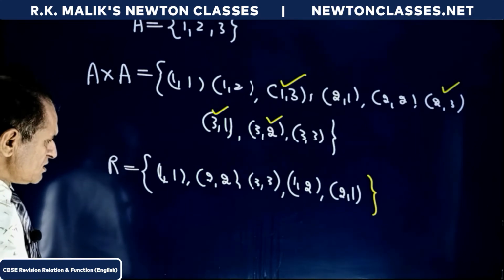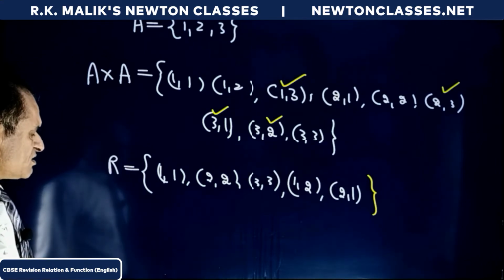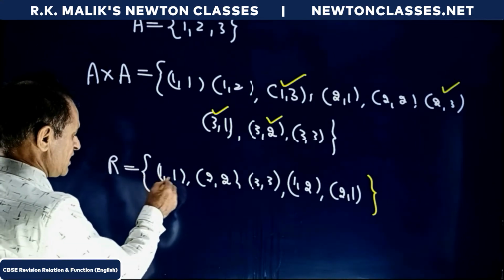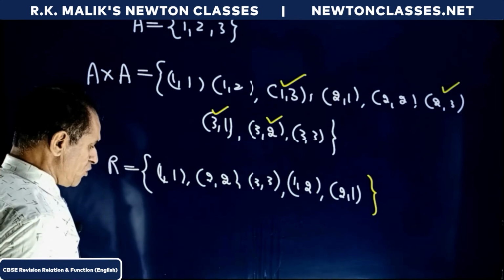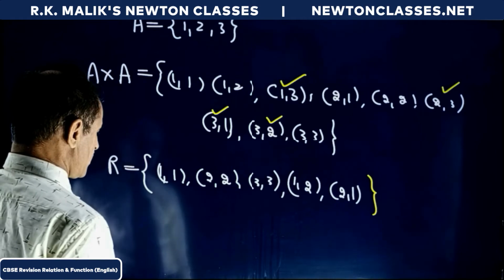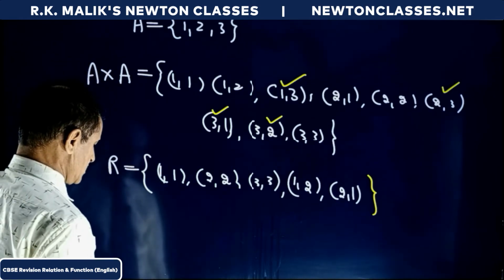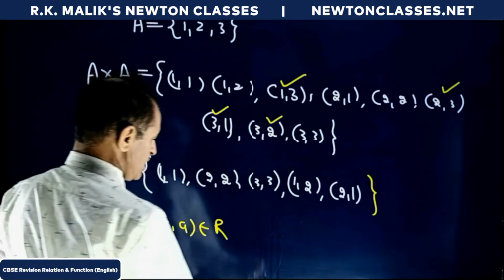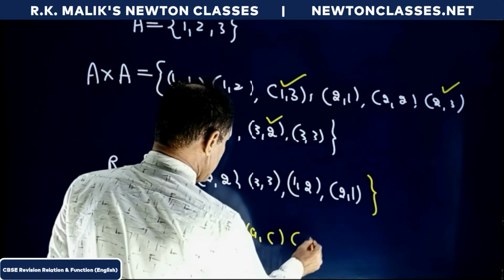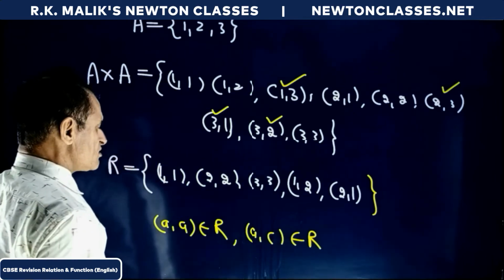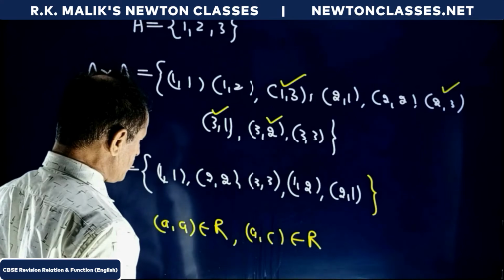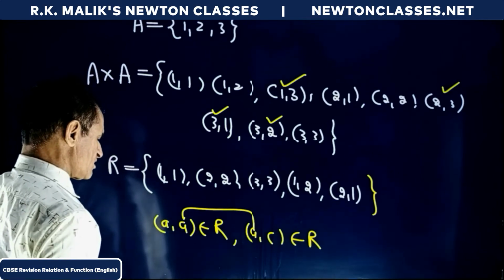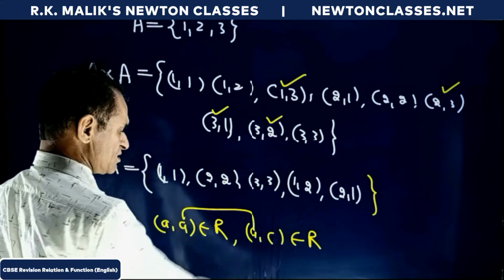While checking about transitive relation, you should never waste time in using those ordered pairs in which first and second elements are same, because suppose you take (a,a) belongs to R and suppose (a,c) is also belonging to R, then the condition of transitive relation will be automatically satisfied because these two are same, and the condition of transitive relation says that (a,c) must belong to R. This is already there.